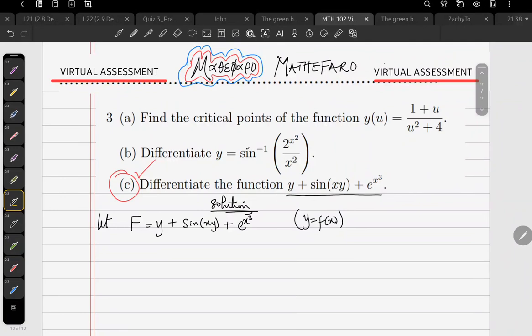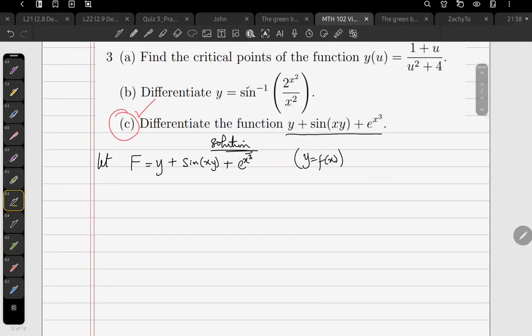So how do we take the derivative of a function that is not defined as an explicit function of y as a function of x? What we do is differentiate implicitly. So what does this mean? We are interested in getting df/dx. We want to take the derivative of this function, that is, we want to do d/dx of y plus sine xy plus e to the power of x cubed.